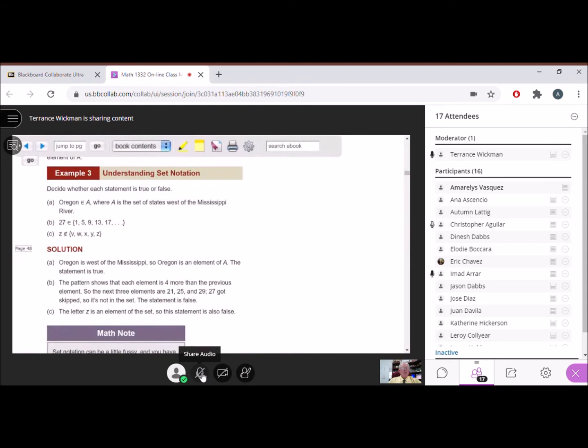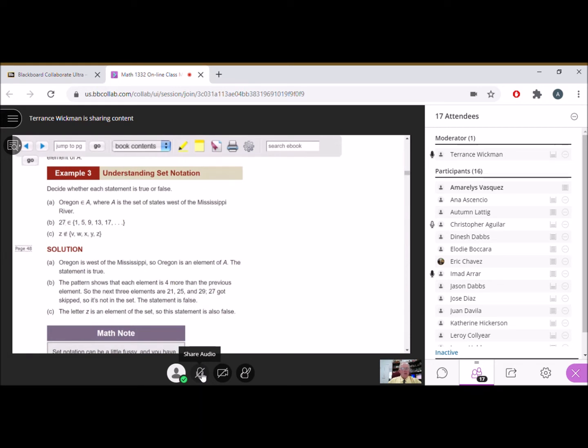Now, understanding set notation. This is number 27, and it says decide whether each statement is true or false. A is the states west of the Mississippi. Oregon is west of the Mississippi, so yes, it's a member of A. Is 27 an element of B?